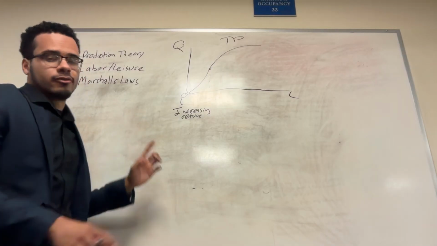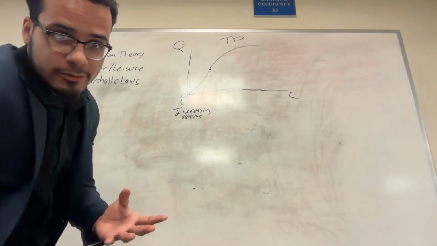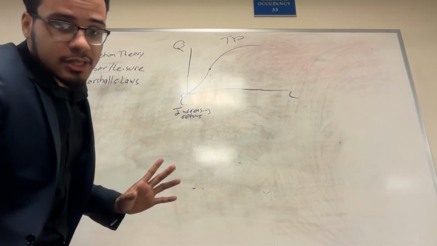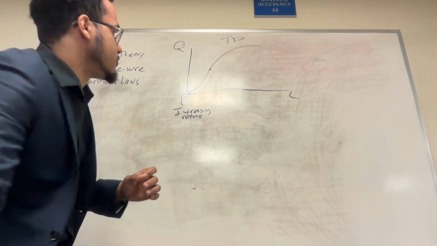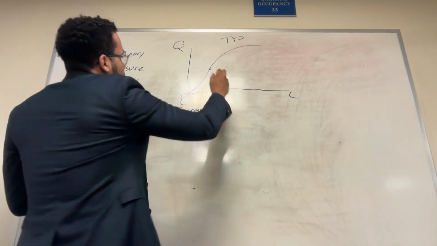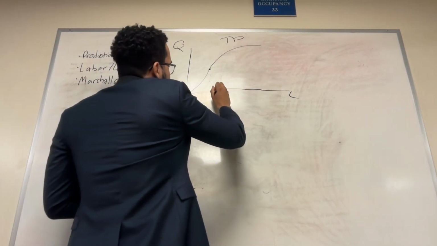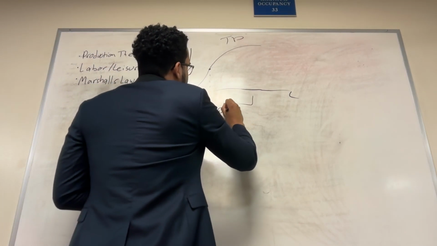So essentially, what we were doing before is trying to find a double derivative, holding capital fixed, and trying to see if it's negative to see if it satisfies diminishing returns. That is in regards to this point over here, L1, because beyond L1 we have what's called diminishing returns.